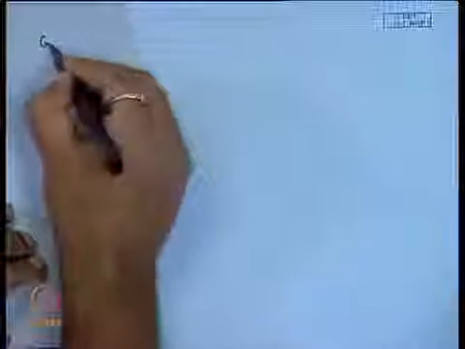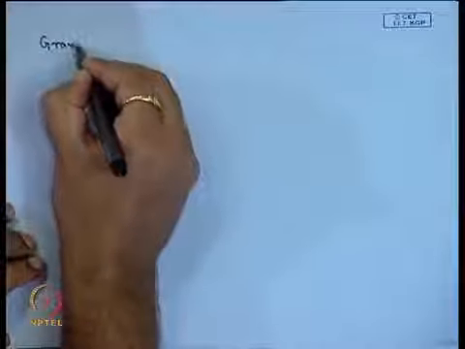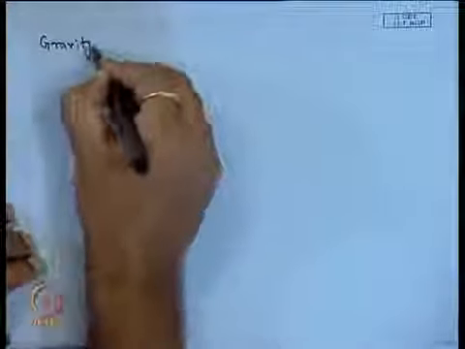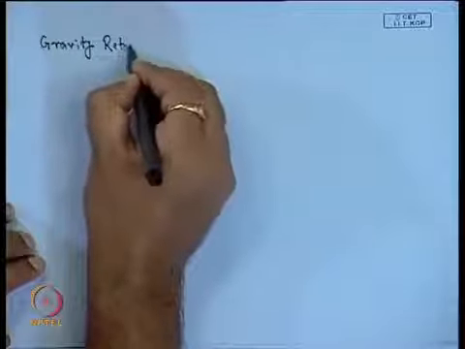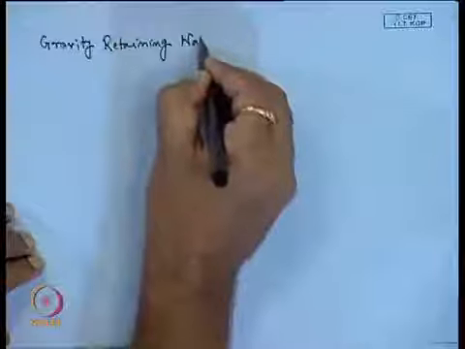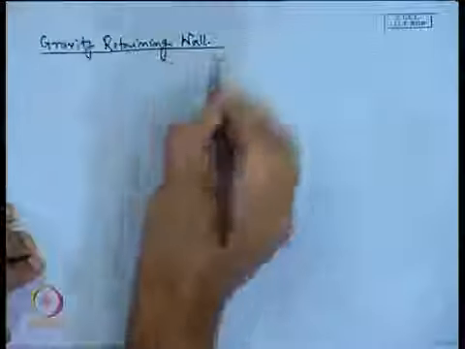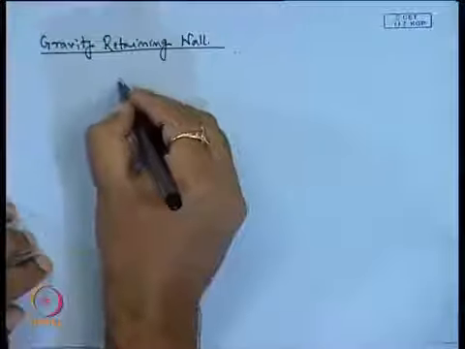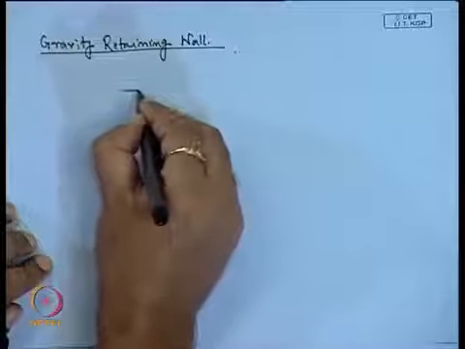Now, next, in addition to these checks, what are the other design criteria or guidelines? So, first we will go for the gravity retaining wall. Suppose this is the retaining wall.